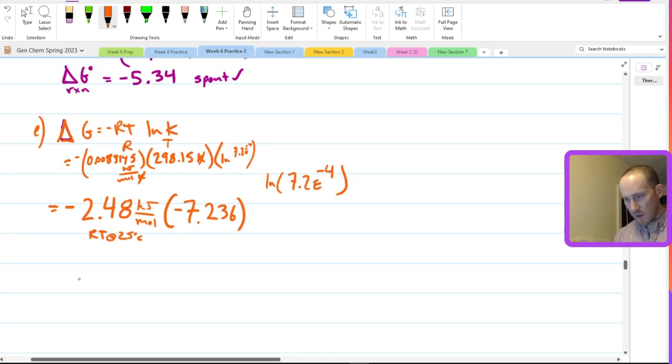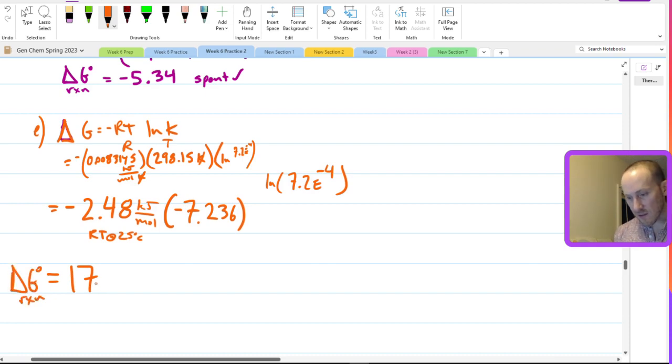And if you multiply those together, then I think you might see where this is going. Because they're both negative, when we multiply them together, we get a positive number. We get positive 17. This is not spontaneous.